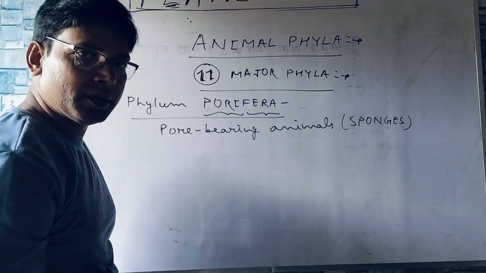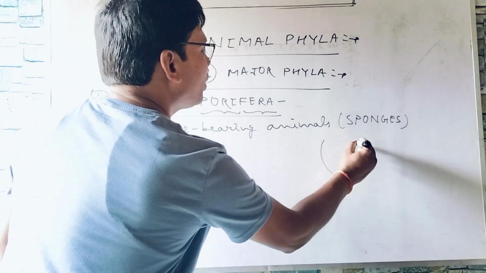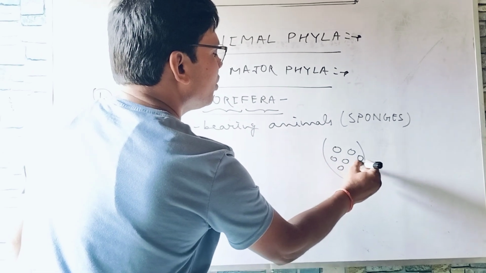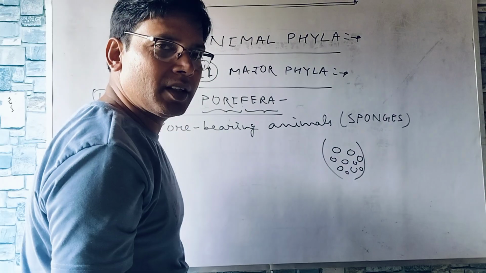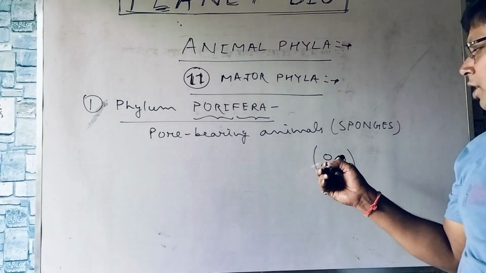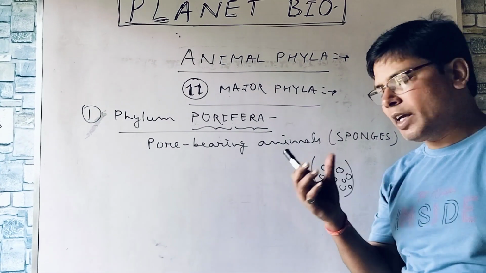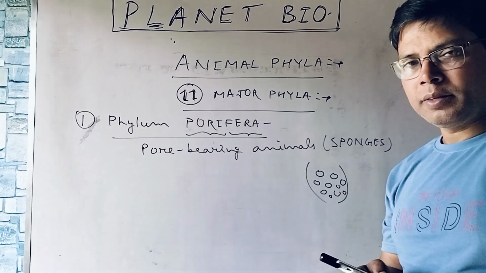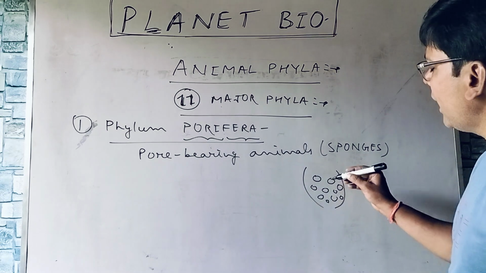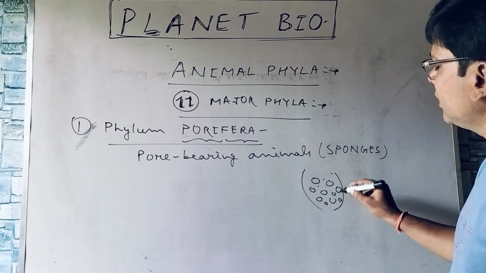Body is perforated with several incoming pores, you can say. Incoming means these pores are meant for ingestion or intake of food, water, and inhalation of O2, and then it is utilized in the body.